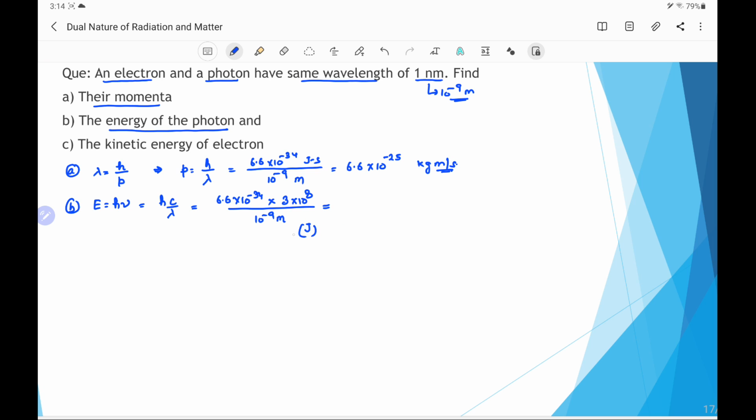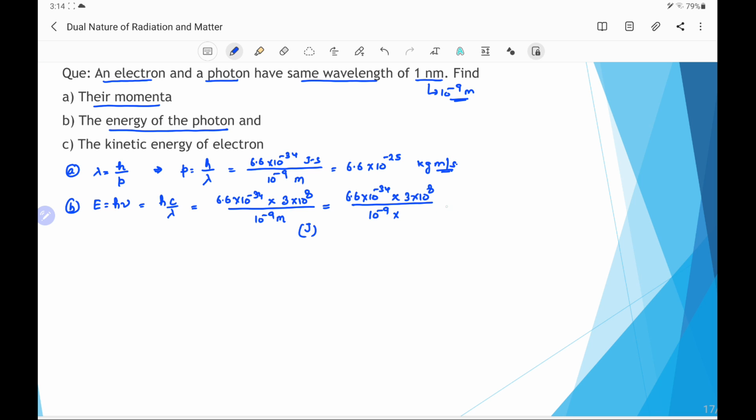To get the energy in terms of the electron volt, we have to divide joule by the value 1.6 into 10 to the power minus 19. So we will get 6.6 into 10 raised to the power minus 34, the Planck's constant value, times 3 into 10 raised to the power 8, the speed of light, and the wavelength is 10 raised to the power minus 9.